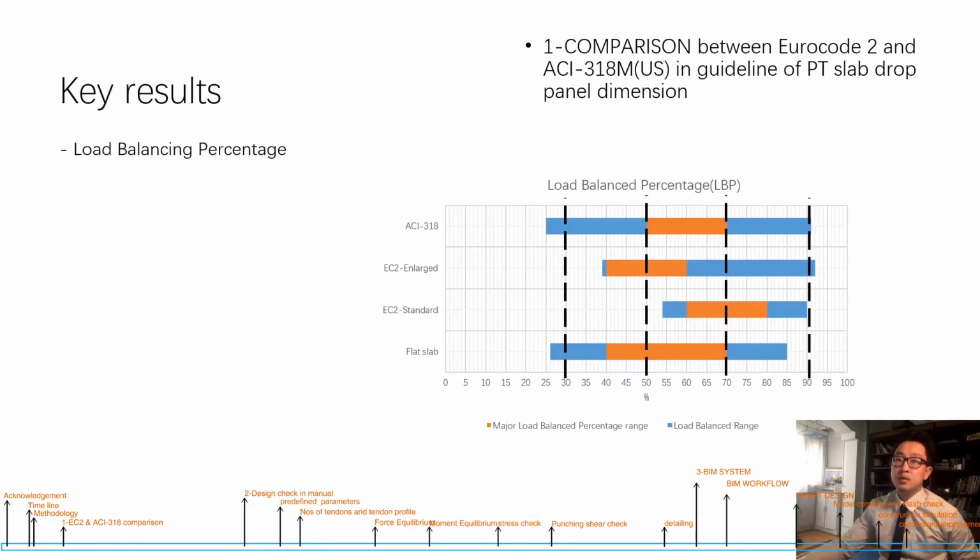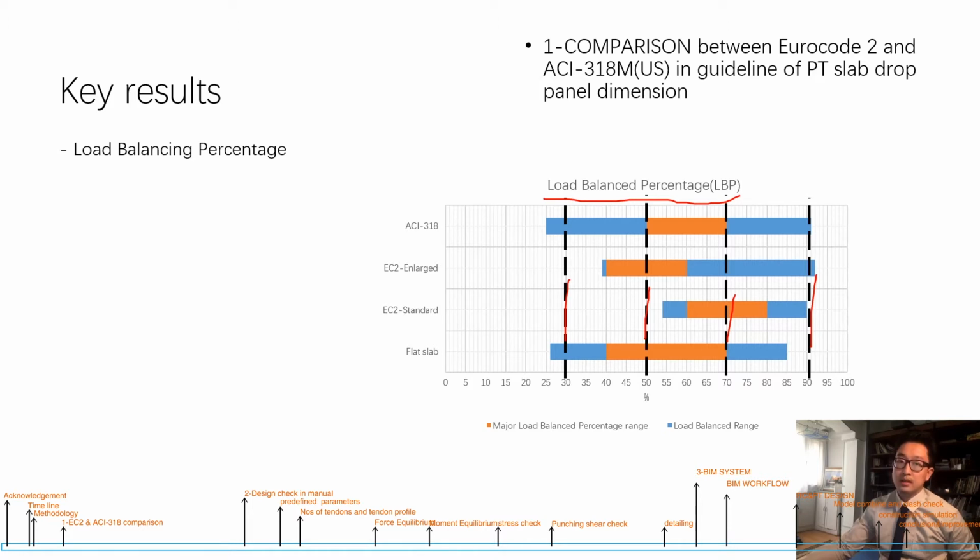The first table we see is a summarized comparison of load balancing percentage, LBP. This black dotted line is the recommended LBP range of post-tension structure. So the higher the LBP is, the less mild steel reinforcement will be used.